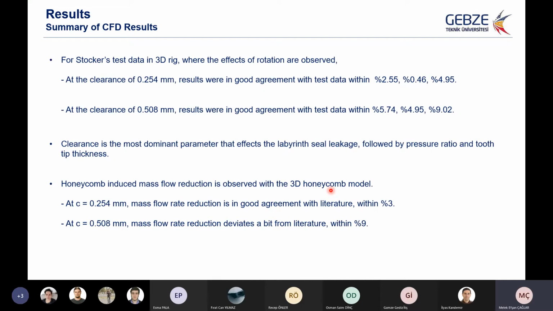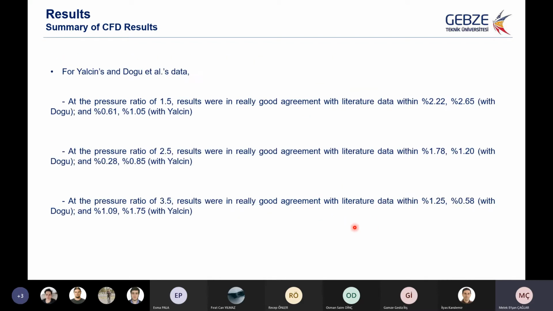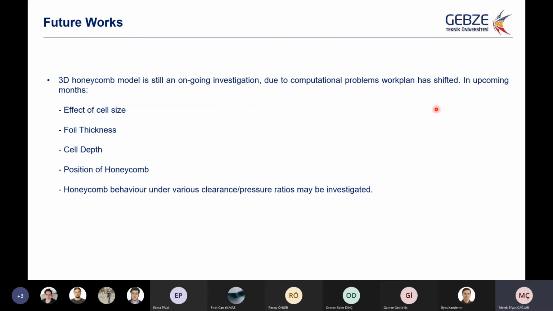I found that clearance is the most dominant parameter affecting labyrinth seal leakage, and that my honeycomb-induced mass flow reductions were in good agreement with literature, within 2% and 9%. And for the second data set by Yalçın and Doe et al., I also found really good agreement.